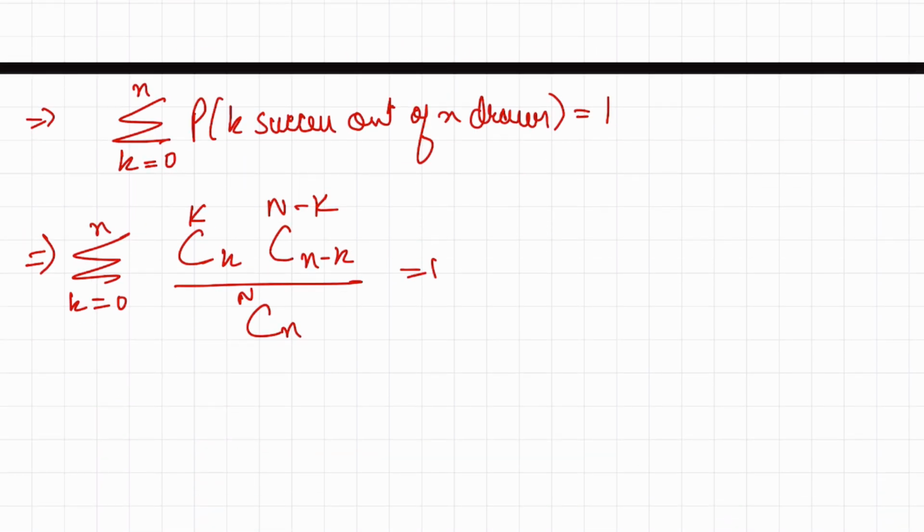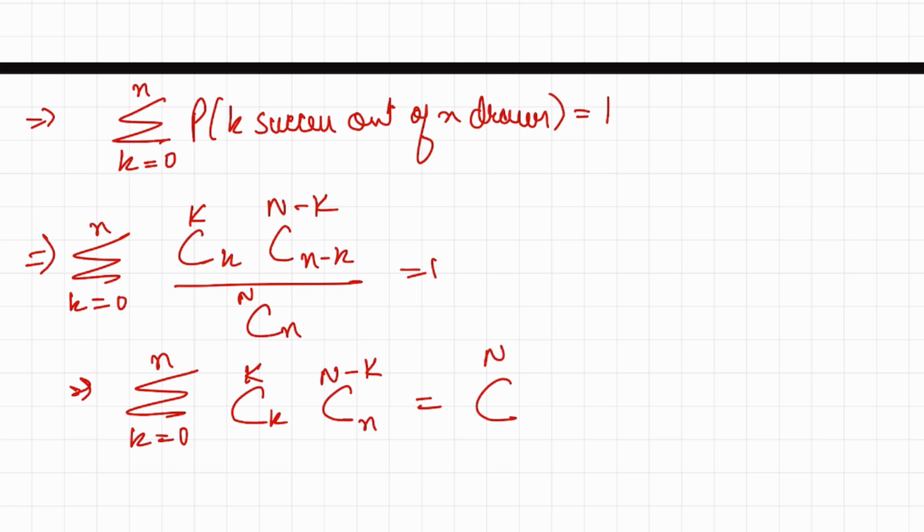Now, if you notice that this thing is actually variable independent, you don't have a variable here. What I mean to say by variable is k. The variable which we're using to iterate here is k, and it's present here, but it's not present here, right? So I can quickly take this and put it here. And what I have is this formula, which is sigma from k equals 0 to n, kCk, small k, n minus k C n minus k, is equal to nCn.